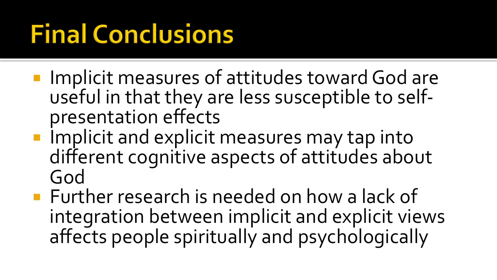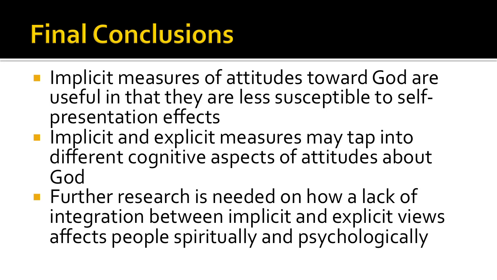So the final conclusions here are, number one, that our implicit measures of attitudes toward God are useful in that they are less susceptible to these social desirability effects. That's not to say that the explicit measures aren't useful, but the implicit measures are useful as well because, number two, they may tap into different types of processes and different aspects of people's views on God and attitudes towards God.